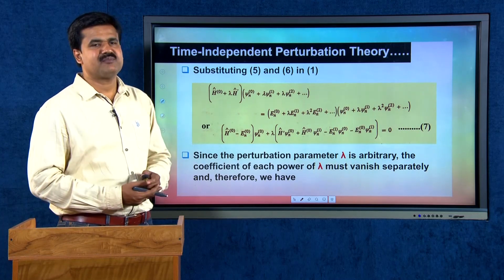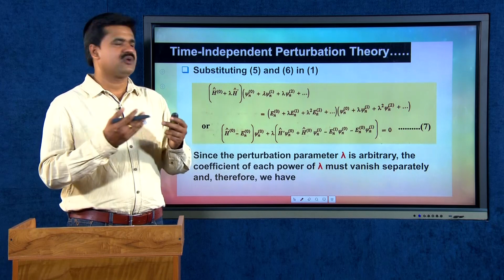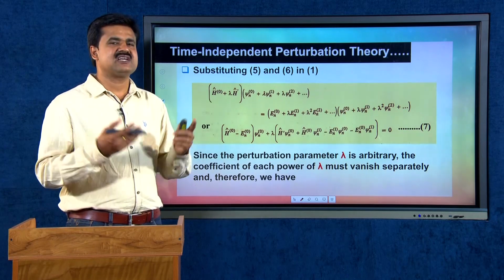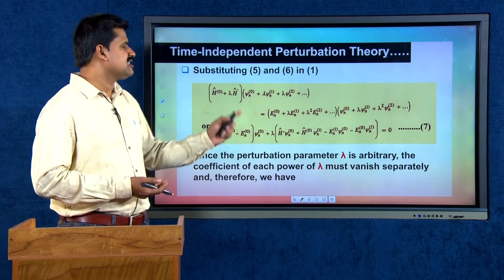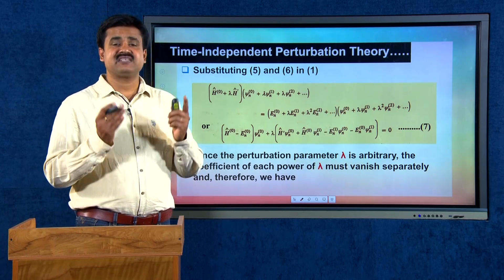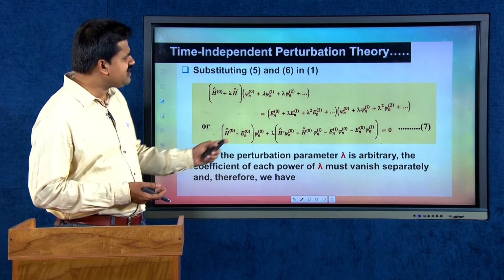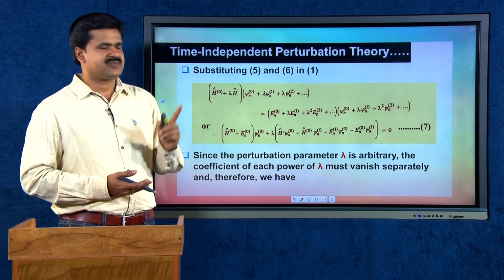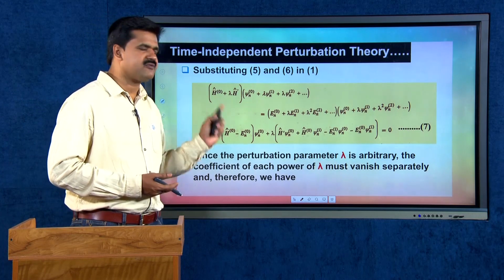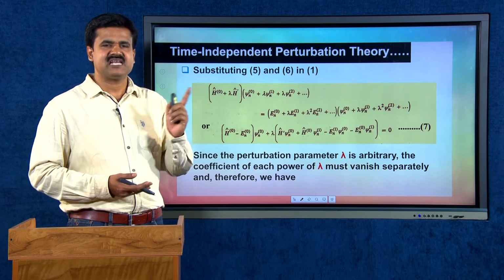That is equation number 7, which we get as a result of simple mathematical rearrangement. Since the perturbation parameter is quite arbitrary, the coefficient of each power of lambda must vanish separately. That is, the coefficient of each power, first power, second power, third power, etc.